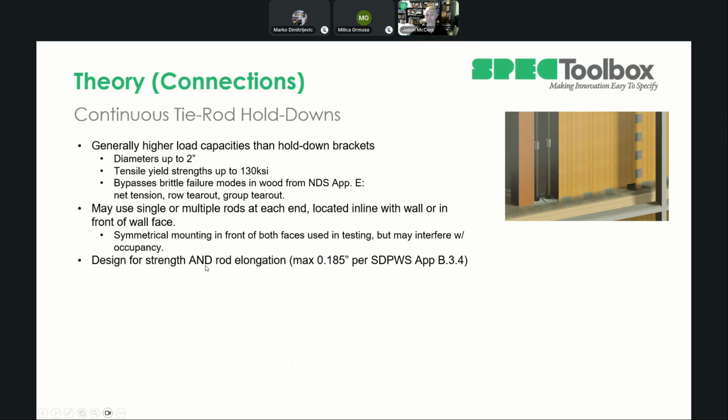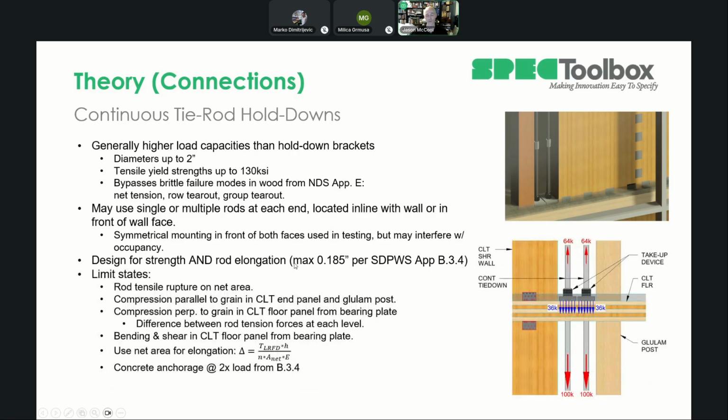You have to design for strength and rod elongation, and that rod elongation a lot of times can govern. So limit states, you're looking at tensile rupture on the net area at the threaded connections. You've got compression parallel to grain as a reaction in the in-panel glulam posts.